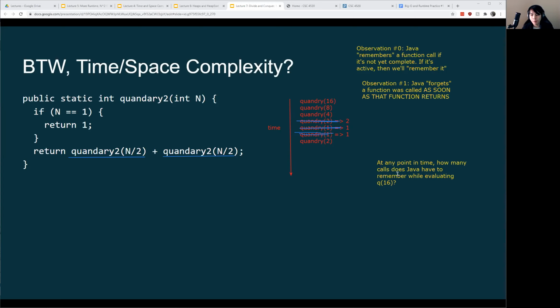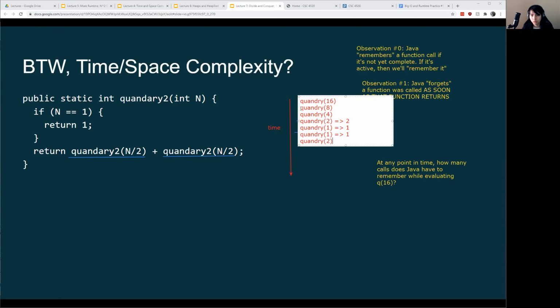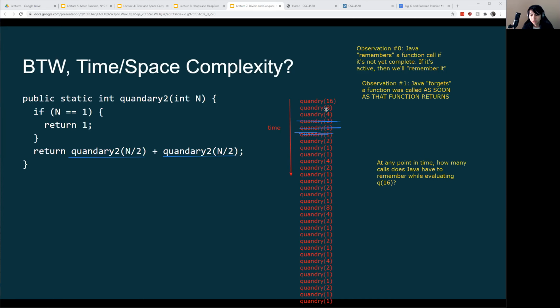Let me give you a hint here. What we had before, when we traced out every single call, this is what we had before. And some of these will be crossed out, right? Over time, some of these will be crossed out because at any point that we return from that function, Java will just forget that that function exists. So it no longer has to keep track of it.